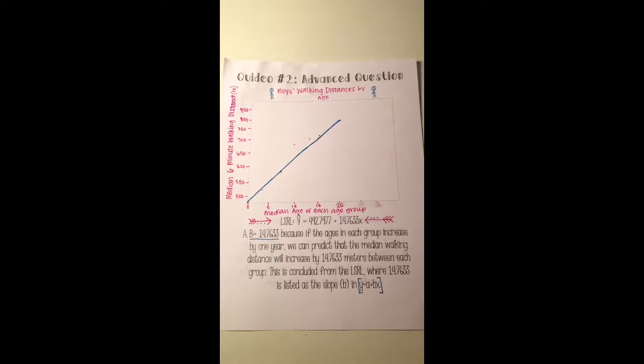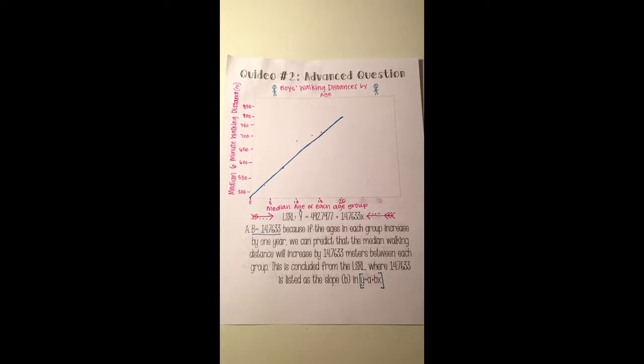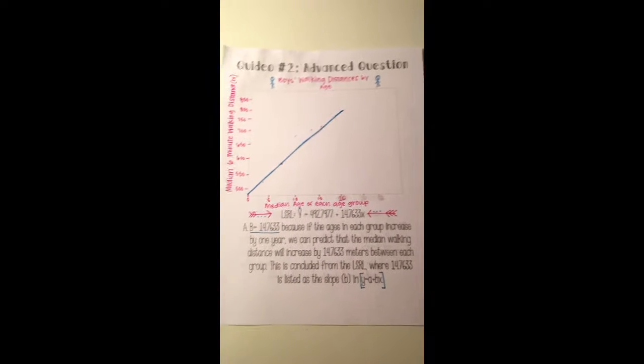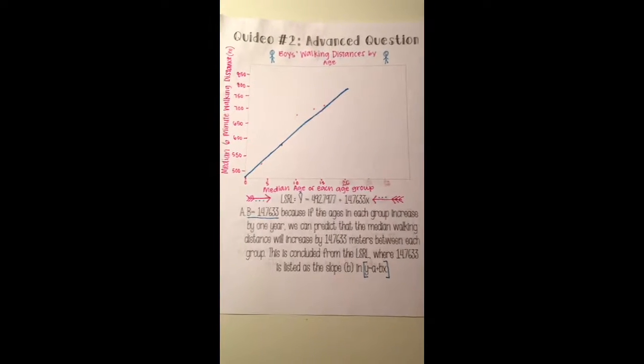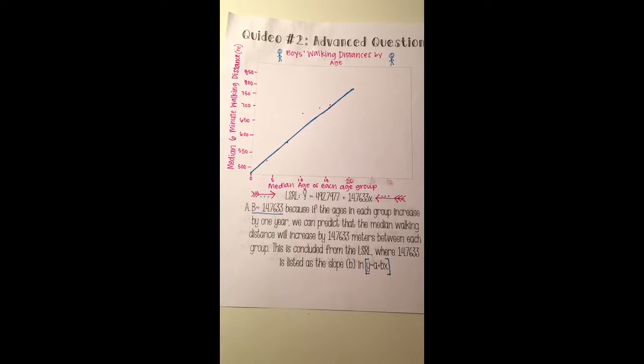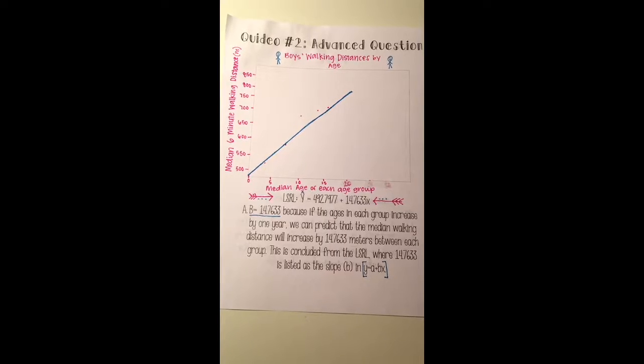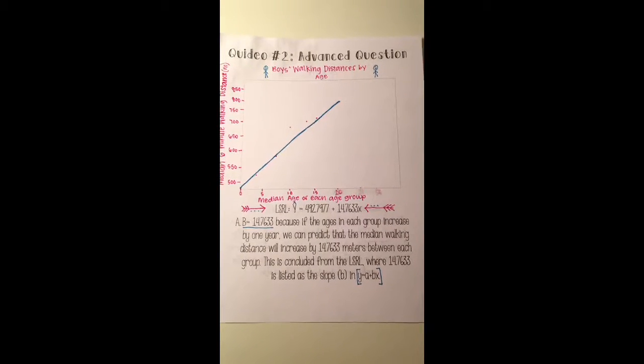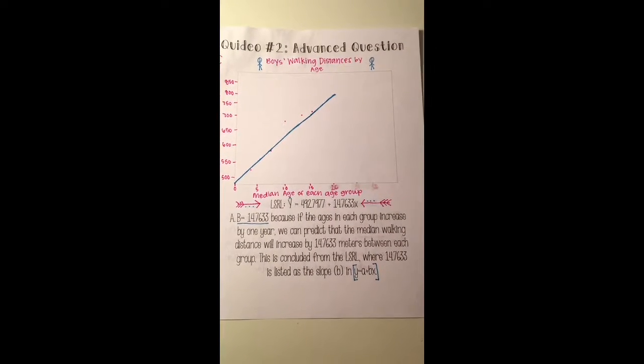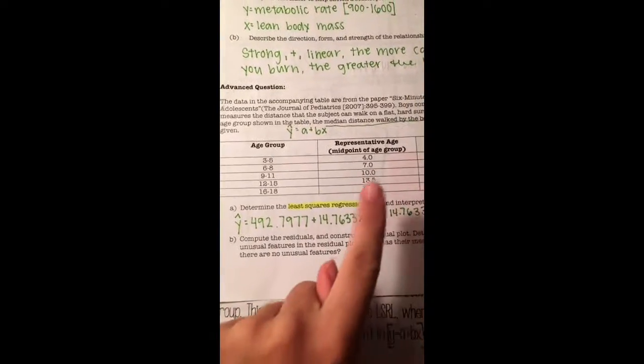So this is my work for the advanced question on Quideo number 2, and this collected data from a test on boys that walked on a hard surface for 6 minutes, and they tested 5 different age groups, and so here are the age groups, and here are the representative ages, so the midpoints.